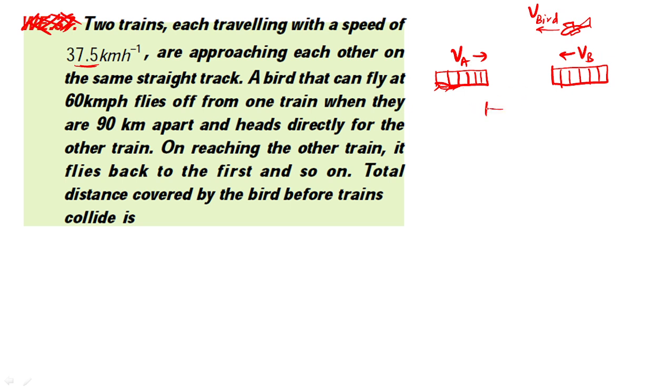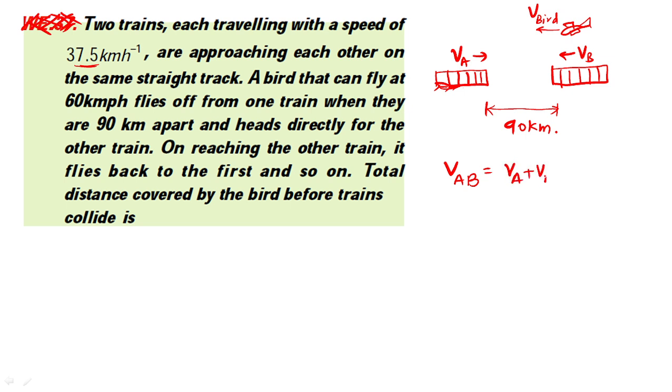Now I will try to calculate some information from the given data. They are approaching each other. What is the distance between them? Is it mentioned anywhere? Yes, 90 kilometers is mentioned already. So when they are directly coming, when will they meet? Can I find it now? I can find the relative velocity of A with respect to B. Can I write like that? So what is the idea?